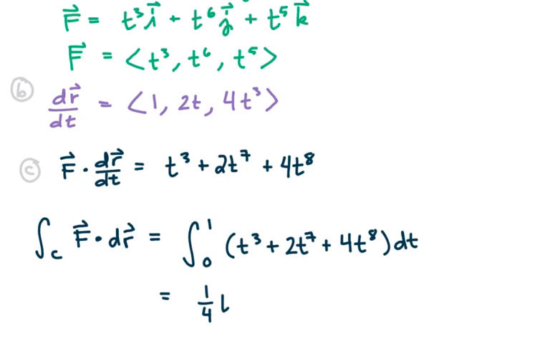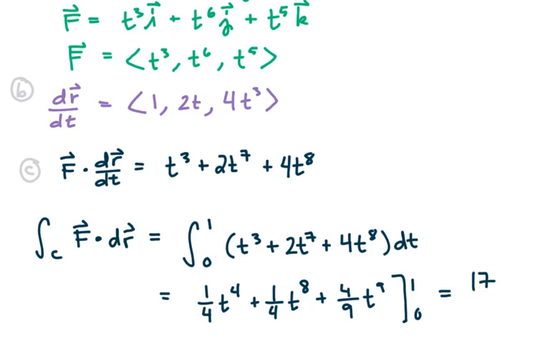So I have 1/4 t to the 4th plus 1/4 t to the 8th plus 4/9 t to the 9th evaluated between 1 and 0, and that gives us 17/18. So that is the value of the line integral for this vector field along the path or the curve C, which is parametrized by r.